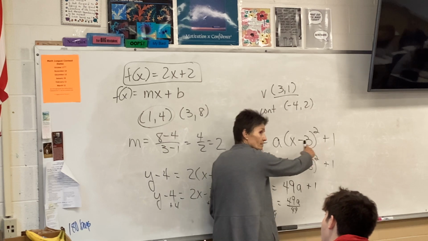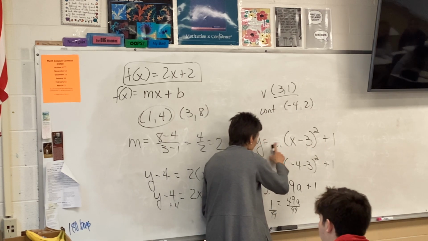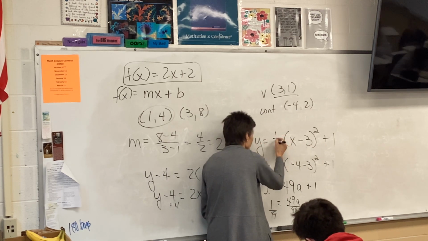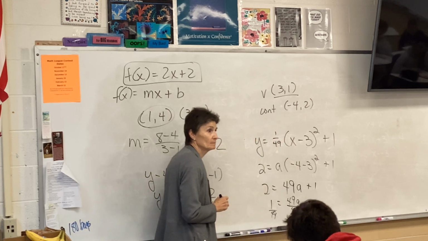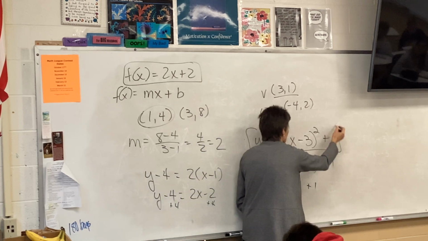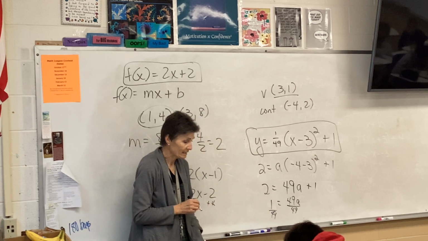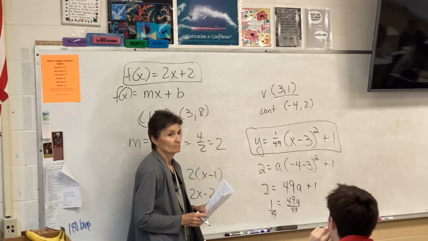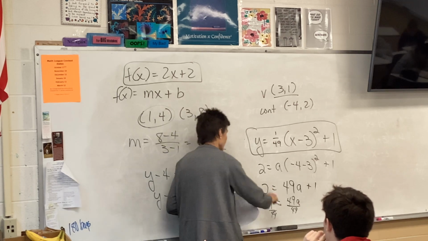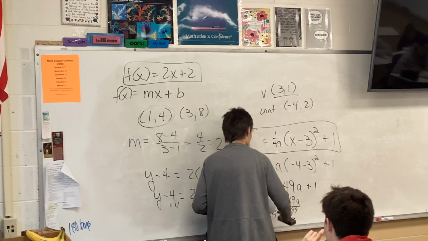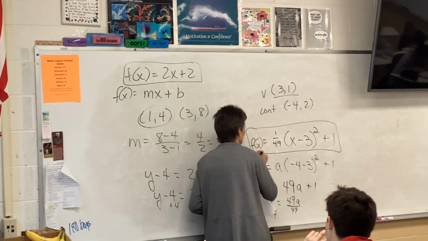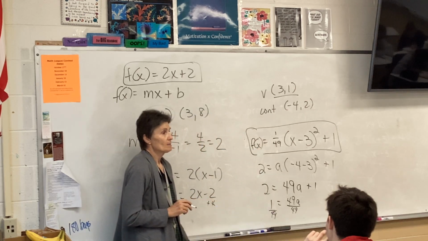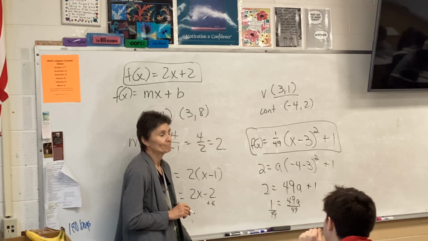This right here, but without the A, instead I'm going to write 1/49. And that's what goes in the answer blank. Remember, you're finding an equation. Technically, this should be f of x. I'm not going to count it off if you don't do f of x, but it does say a function, so technically that would be right.